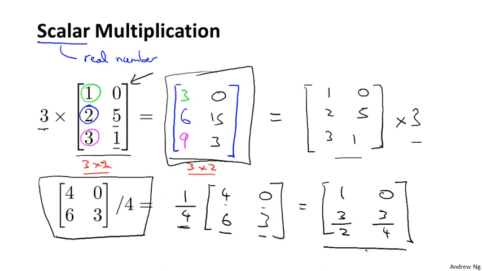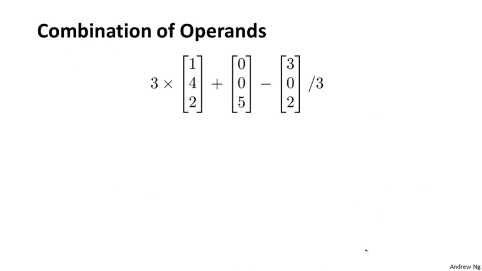Finally, for a slightly more complicated example, you can also take these operations and combine them together. So in this calculation, I have 3 times a vector, plus a vector, minus another vector divided by 3. Just to make sure we know what these are, this multiplication is an example of scalar multiplication, because I'm taking 3 and multiplying it. And this is another scalar multiplication, or scalar division, I guess.